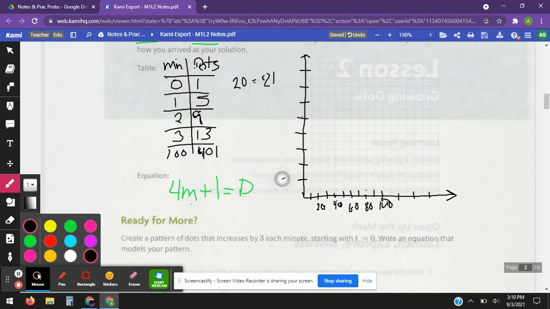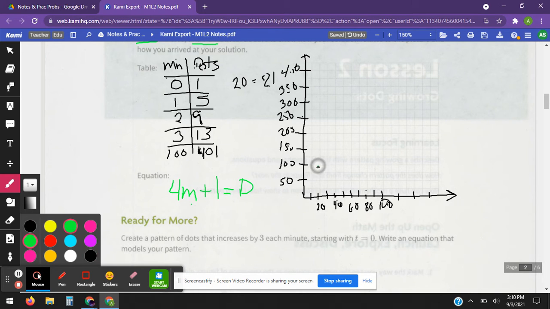We only have to go 50, 100, 150, 200, 250, 300. This will be 400 up here, 350. So 20 is at about 81. So that's going to be 75 right about here.